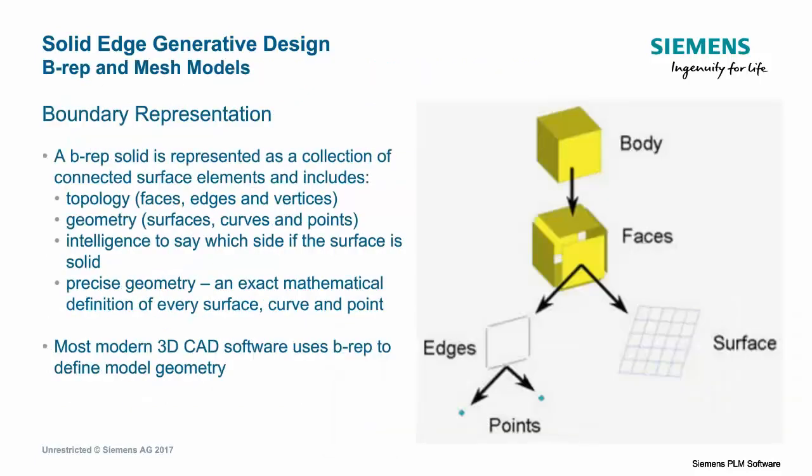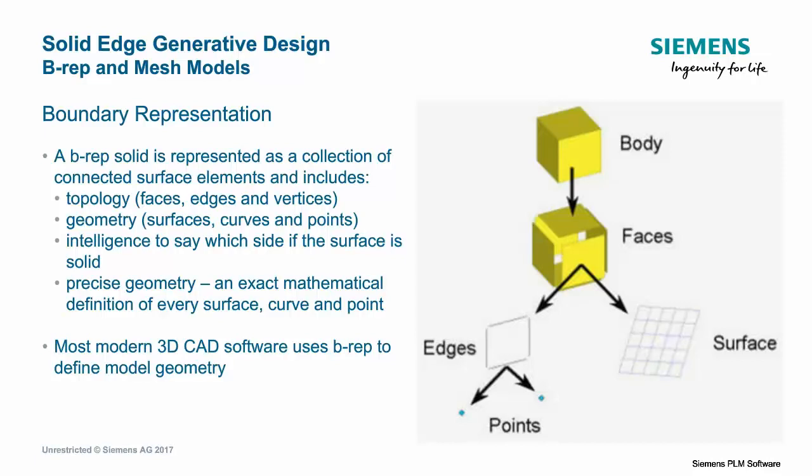At this point, let's step back and just take a few minutes to talk about the two types of CAD models that we have mentioned. Most CAD systems today use something called BREP models, and we've also talked a lot about mesh models today. A BREP, or boundary representation model, is an exact mathematical model of a 3D part.